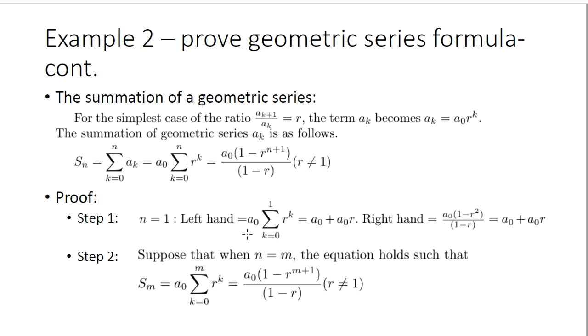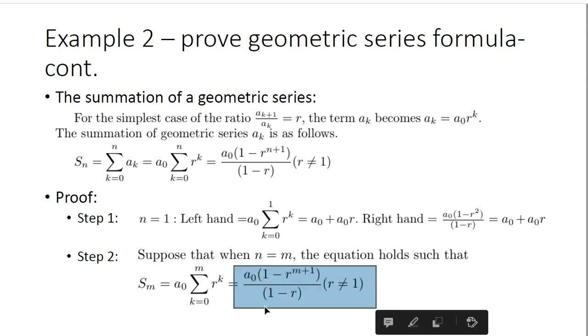Okay, we suppose that when n equals m, the equation holds, such that s sub m equals a0 times the sum of r to the power k, k equals 0 to m, equals this expression.